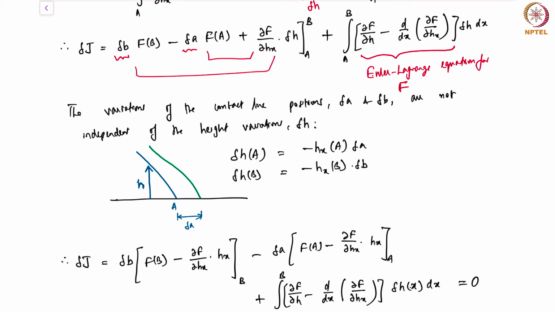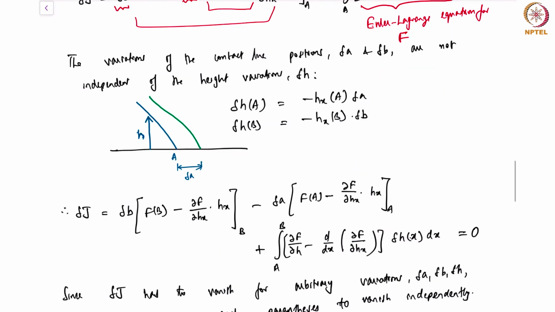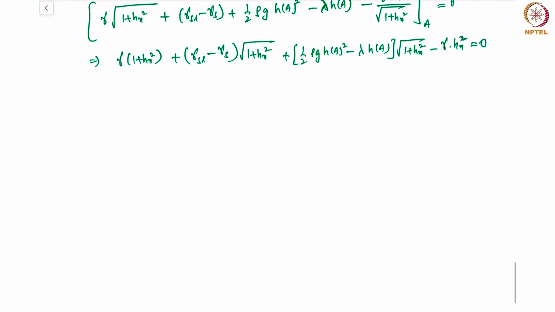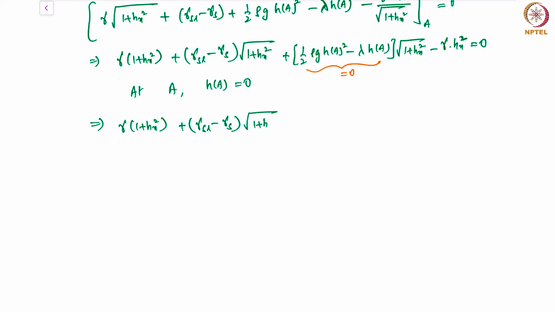As you approach the contact line, the height basically goes to 0, and therefore at a, h of a goes to 0, and this essentially means that these terms go to 0, and I therefore have gamma (1 plus hx square), plus gamma SL minus gamma S times square root of 1 plus hx square, minus gamma hx square is 0, right?